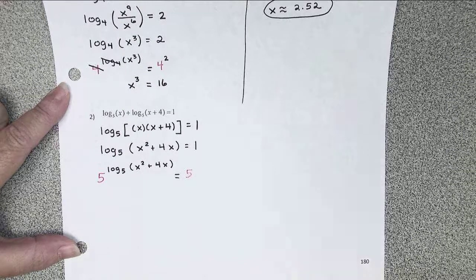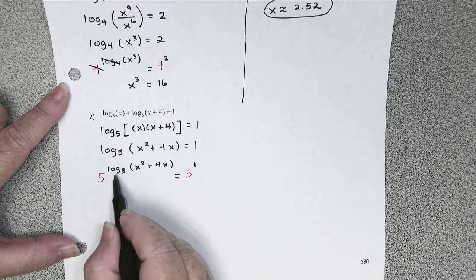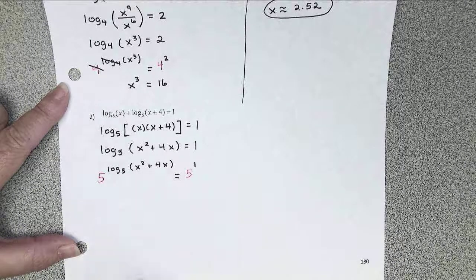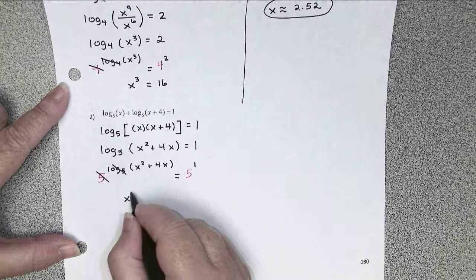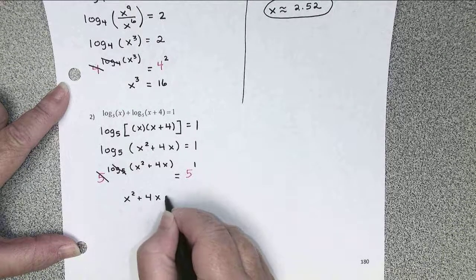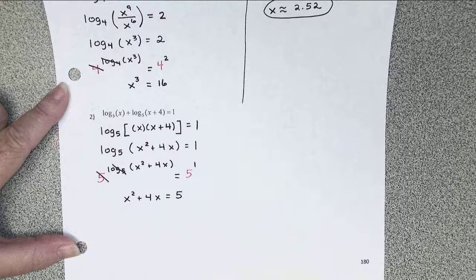Base 5 raised to the 1st power. Exponential base 5 and log base 5 are inverse functions. So all I have left is x squared plus 4x equals 5.